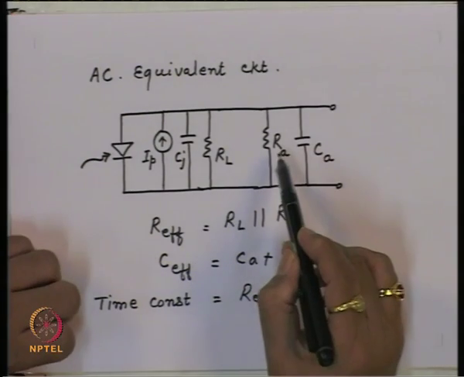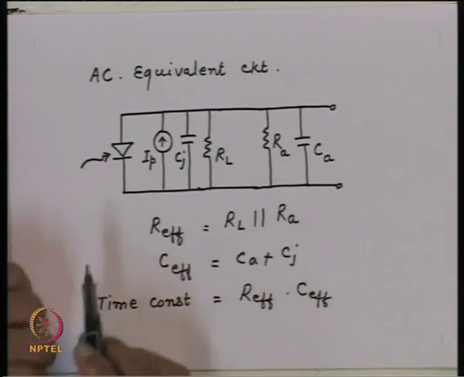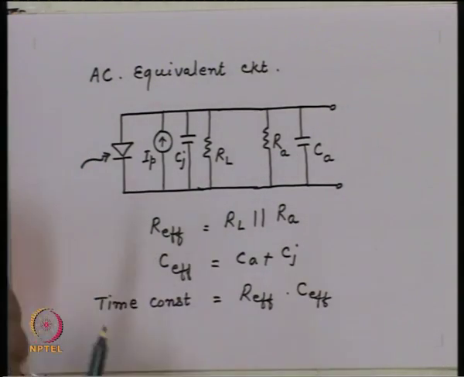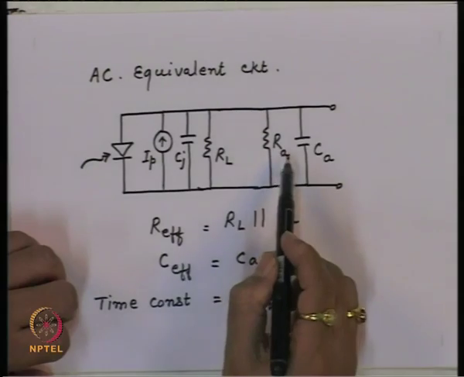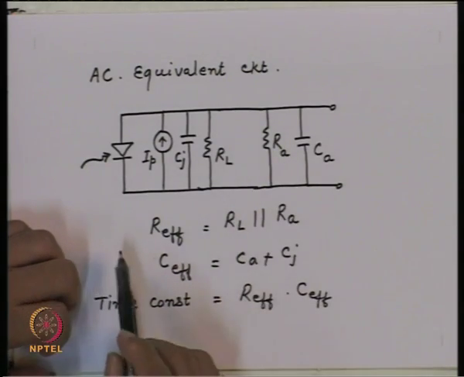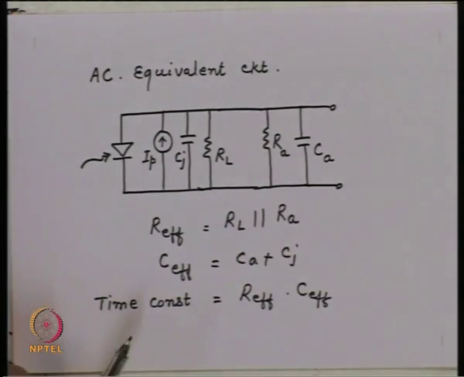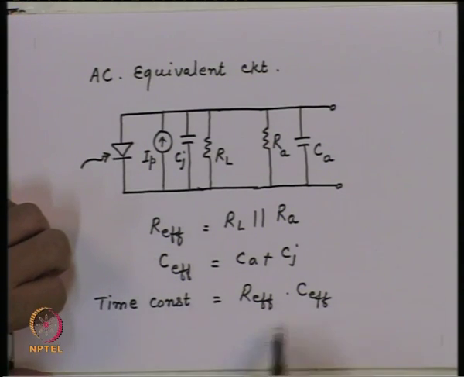Now, since RA and RL are reasonably large, as they correspond to the input impedances either of the amplifier or the load resistance, the time constant for this circuit is reasonably large.